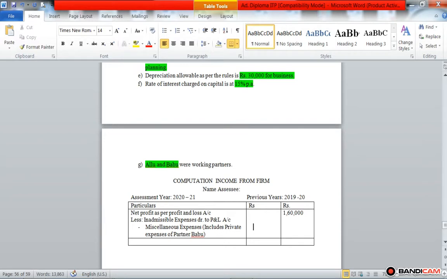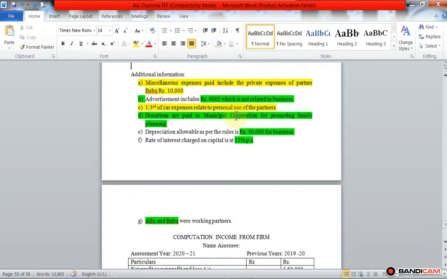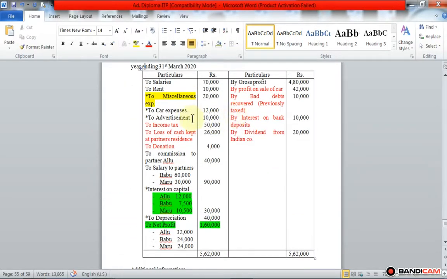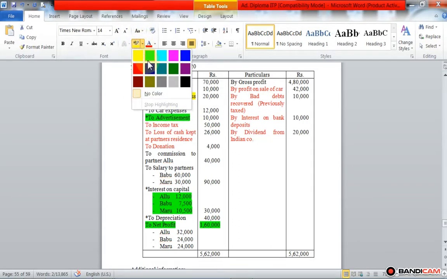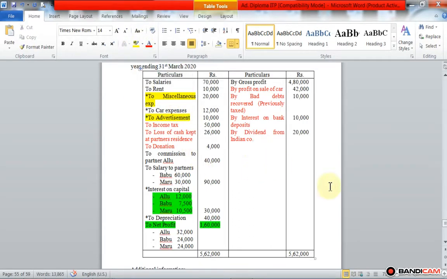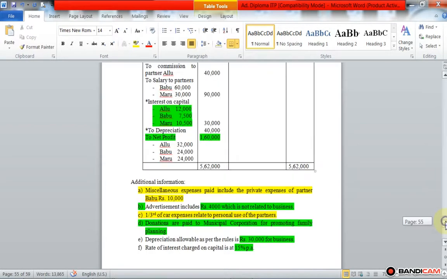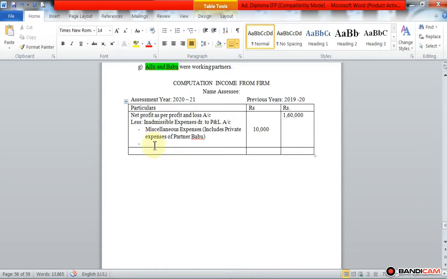Got it? Amounted to rupees 10,000. Okay, then next additional information, advertisement includes rupees 4,000 which is not related to business. So this 4,000 is disallowed expenditure of the firm.